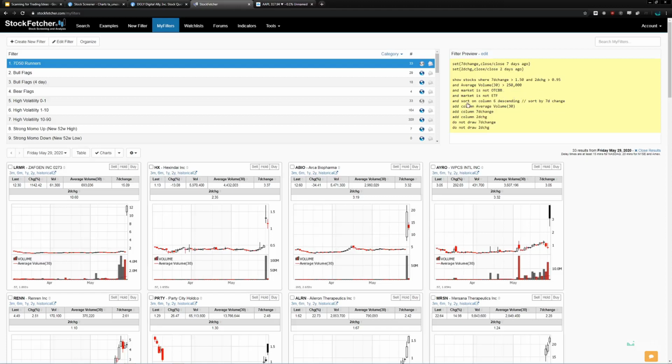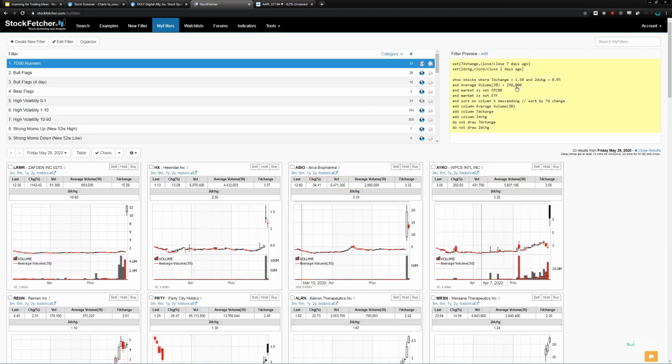And then the rest of this is just sorting stuff. So I sort them based on column 6, which is the 7-day change. So it's going to sort based on how much they've gone up over the last 7 days. And then add a few columns for average volume and tell it not to draw some stuff on the charts. And that's it.